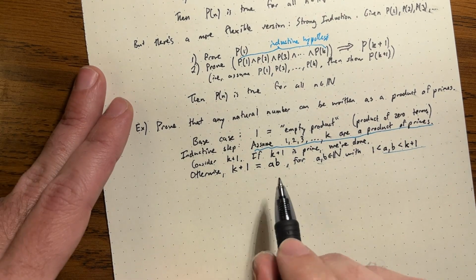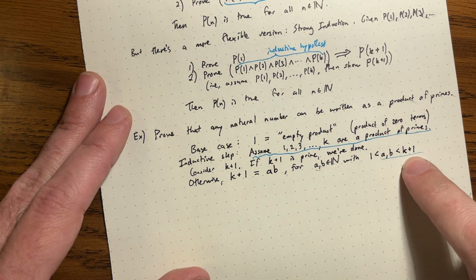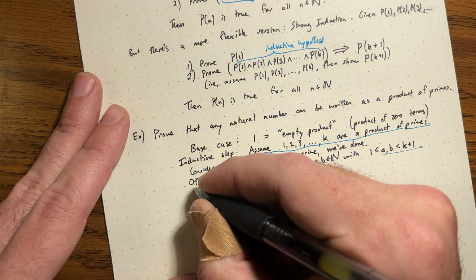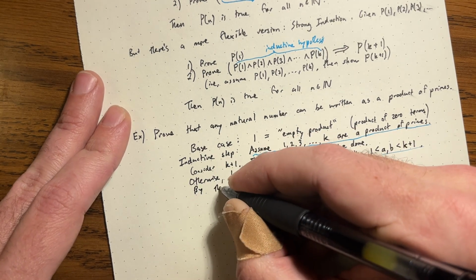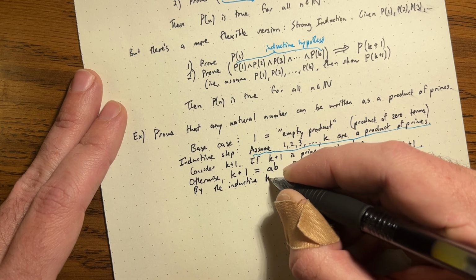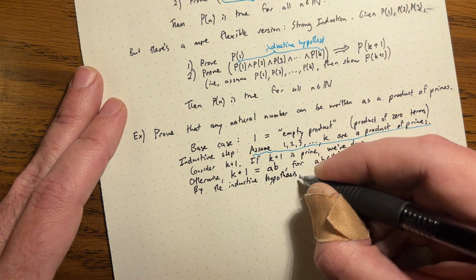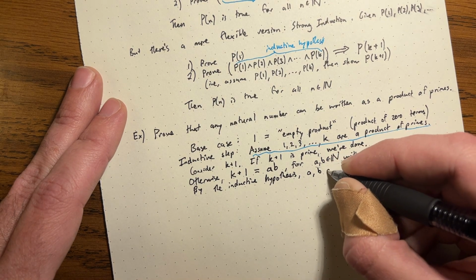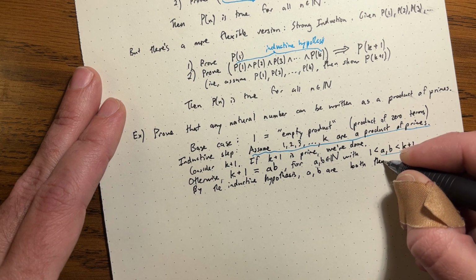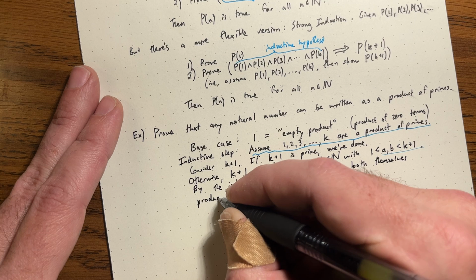Great. Okay, so we've written k plus 1 as a product of 2 numbers. I don't know that a and b are prime. However, I know that they're both less than k plus 1, which means, let's say by the inductive hypothesis, well, by the thing we're assuming, it's just a fancy way of saying the thing we're assuming, a and b are both themselves products of primes.